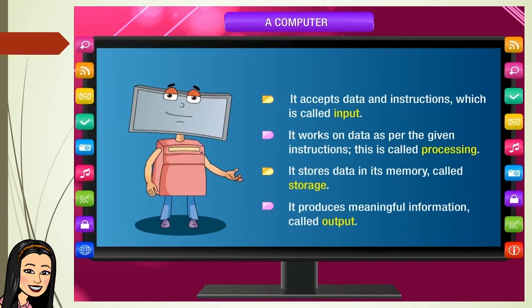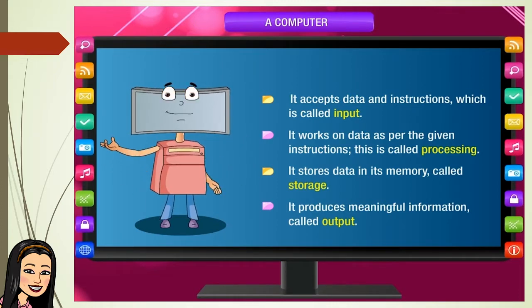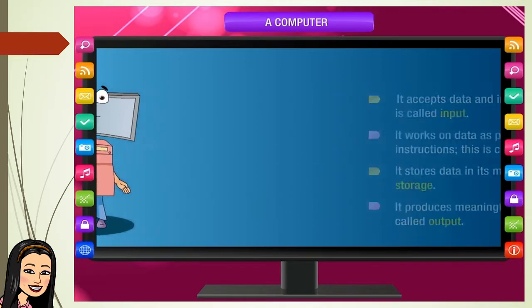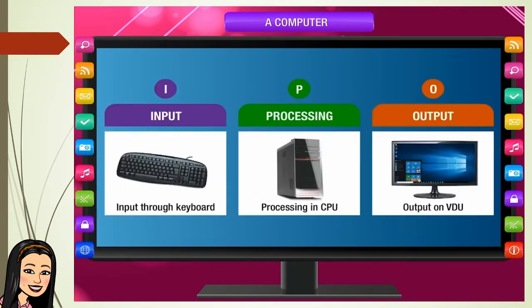This is called processing. It stores data in its memory, called storage. It produces meaningful information, called output. These functions are performed in an input, processing, output cycle or IPO cycle. IPO stands for input, processing, output.